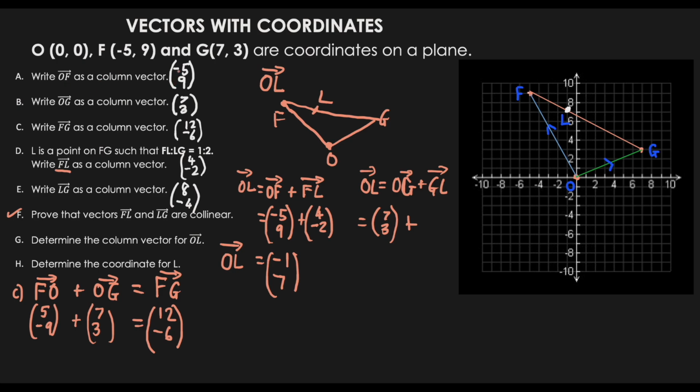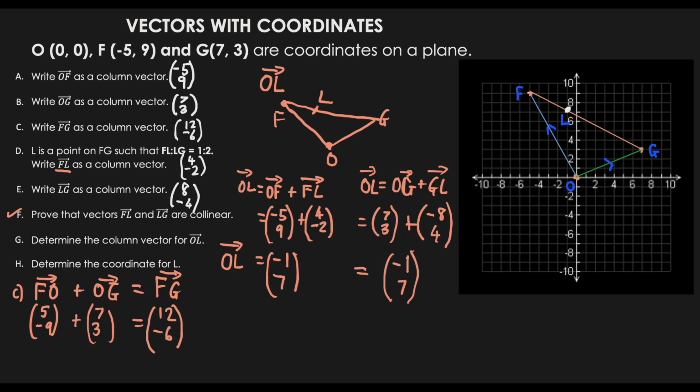OF was (-5, 9), which meant that FO was (5, -9). We just changed the signs. If LG is (8, -4), then GL should be (-8, 4). Now we can add these together. 7 plus -8 is -1, and 3 plus 4 is 7. So OL is (-1, 7).